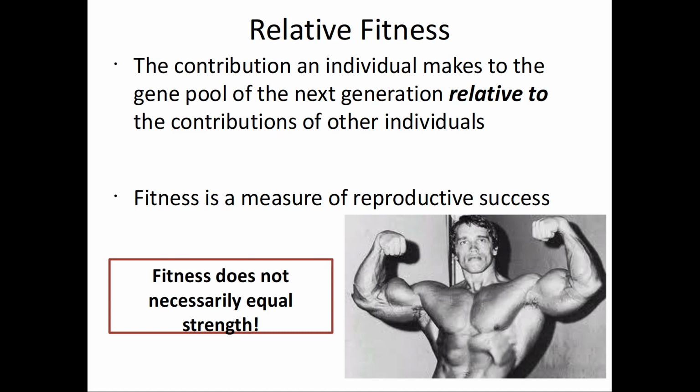That's really what we're talking about here: the passage of genetic information through time. And genes that confer an advantage to their owner are going to be passed on to the next generation.